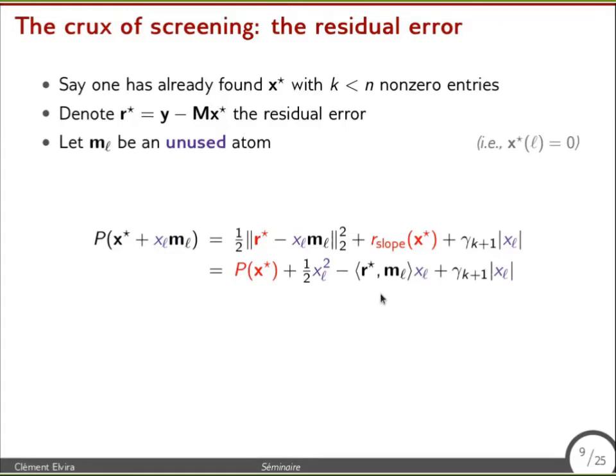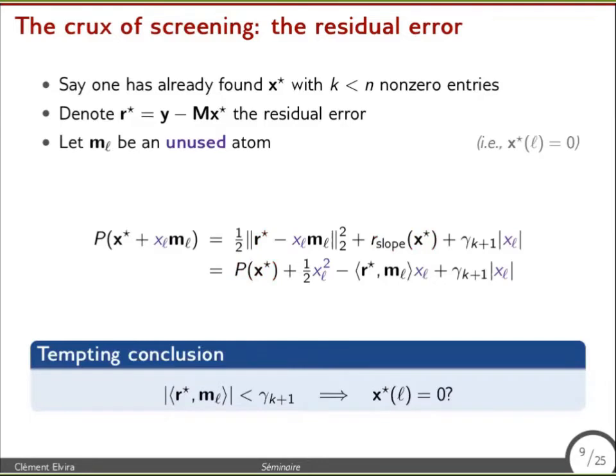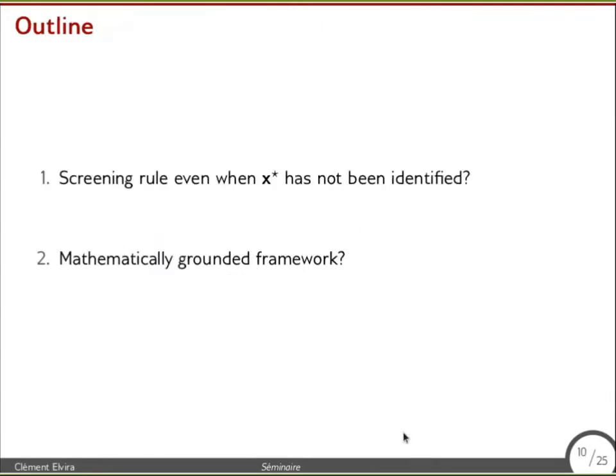And if you study the behavior of this polynomial, you end up with the conclusion that whenever this quantity is sufficiently small compared to the slope weight gamma k plus 1, you are tempted to conclude that whenever this condition is fulfilled, then the entry necessarily corresponds to a zero. As we will see later, this rule is in fact true, but it is a heuristic up to now, and we will see how to formalize it properly.